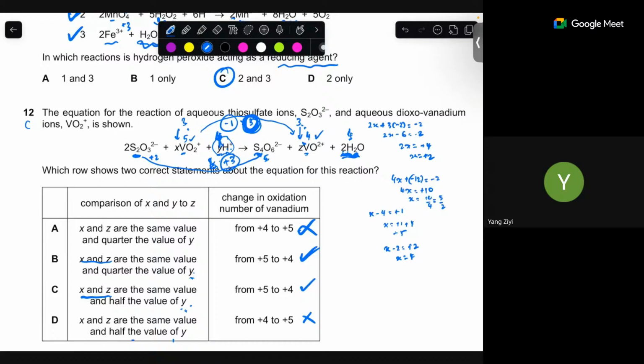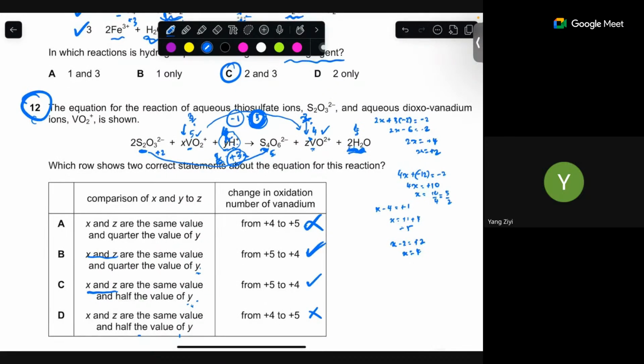If we take this as 1, then it's going to be quarter, but this one is half. This is half of value, then this must be 2. I'll check on this, we'll come back on this again. So let's move on. But the answer is going to be C. I'll explain to you again.